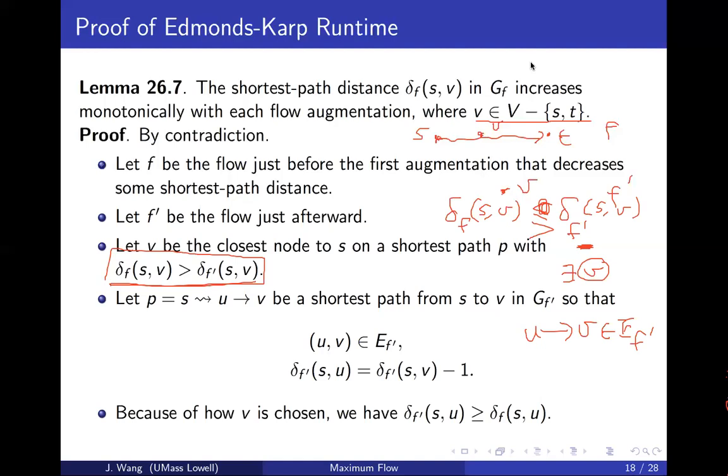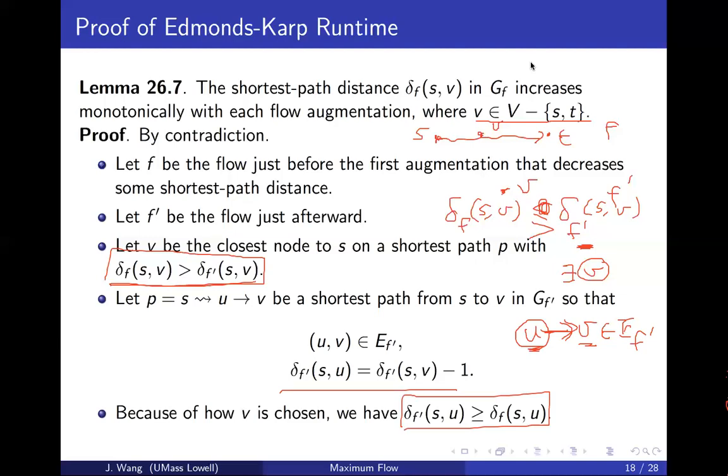For this case, delta F prime of S U would be delta F prime of S V plus 1, because there is an extra edge. And also, this U is closer than V to S. So we must have this.